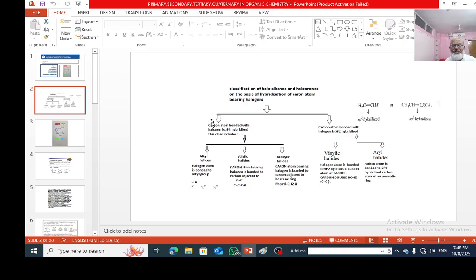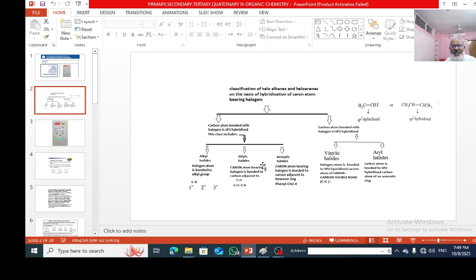The first is further divided into alkyl halides, allylic halides, and benzylic halides. Students often get confused with these words. I will try to remove your confusion. In all of these, alkyl, allylic, and benzylic, the carbon bearing the halogen atom is sp3 hybridized.